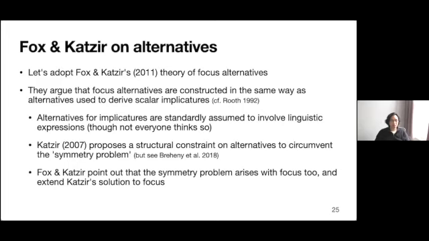But what's nice about this is that you can postulate some structural constraints on what could be possible alternatives. And that's really Katzir's point about implicatures. And then Fox and Katzir extended this idea to focus alternatives. So there's some structural constraints on what counts as a good alternative.